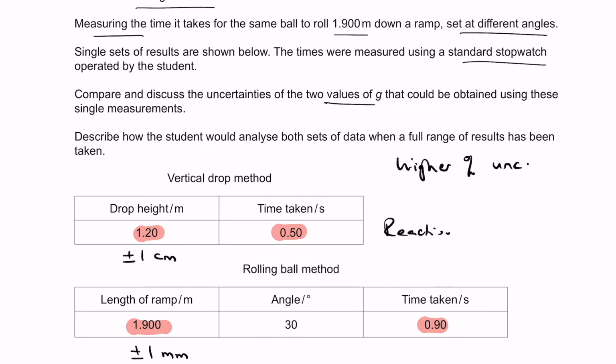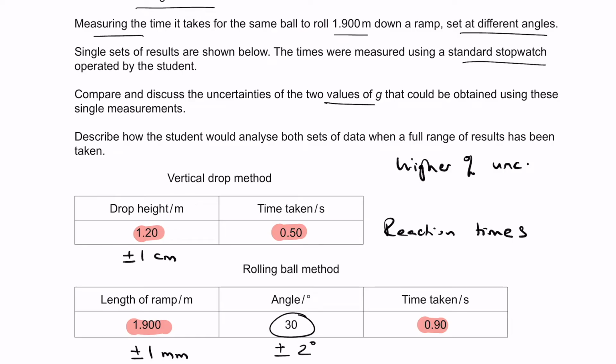So that's one thing to consider, in both cases, because the student is operating it rather than using light gates to record the time. And then we can also look at this angle, where there would be uncertainty in measuring it. Absolute uncertainty will be about 1 or 2 degrees.